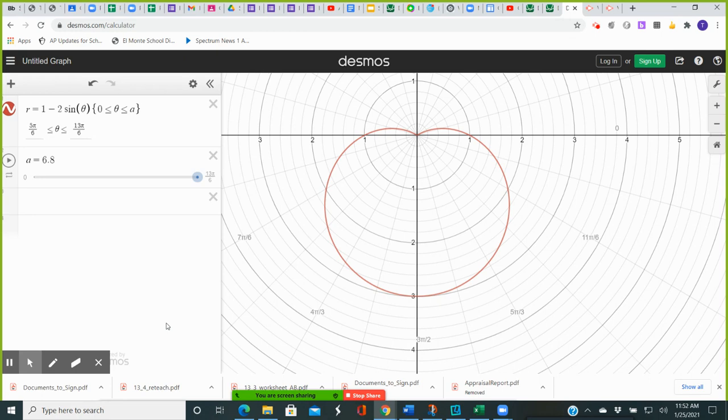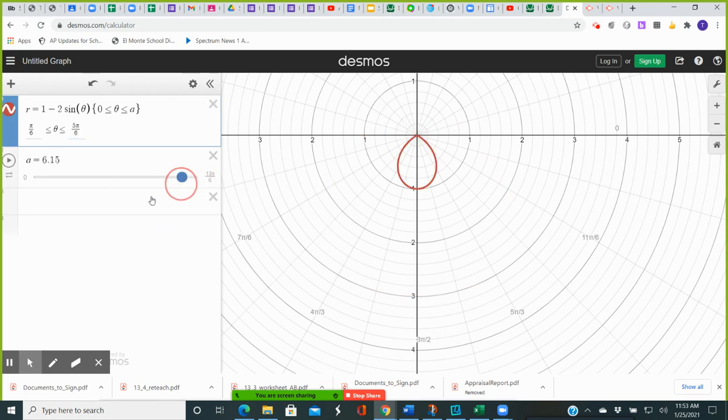And if you have the limits of integration going from pi over 6 to 5 pi over 6, you're just going to get the inner loop. That would just give you the inner loop.